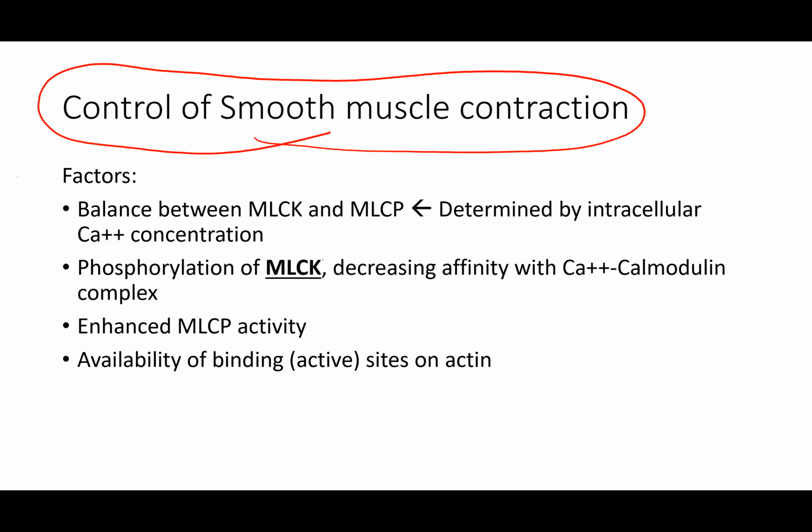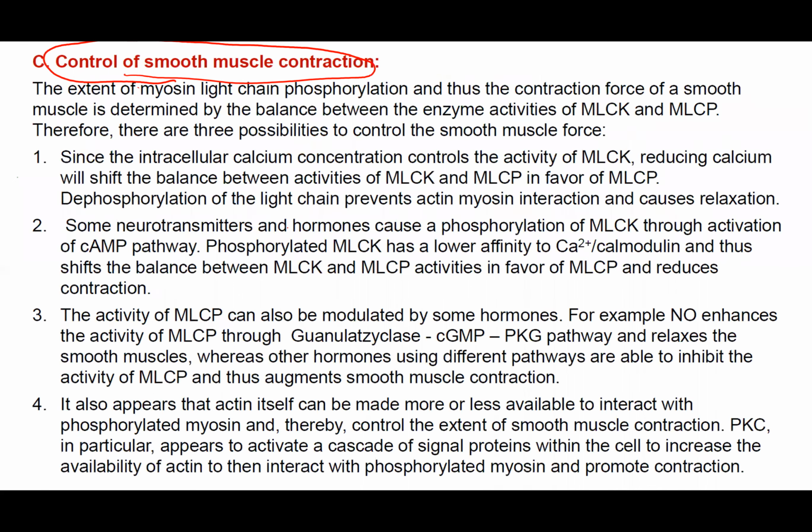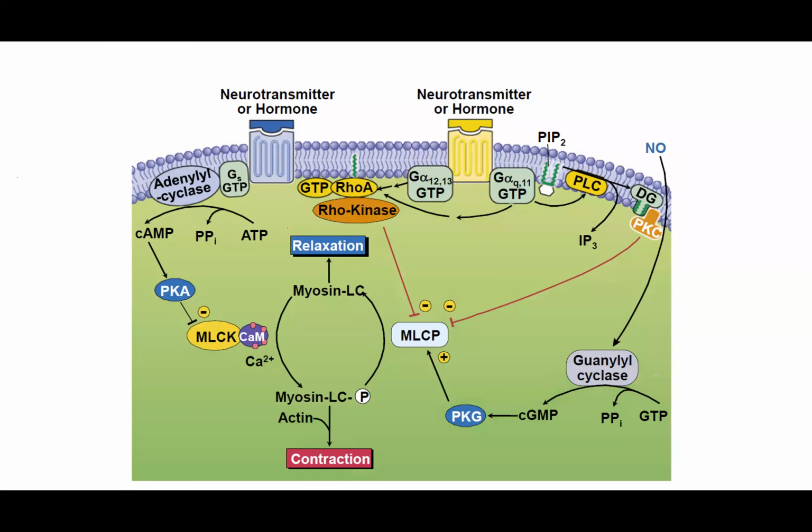The second way it's controlled is through phosphorylation of the enzyme itself. This enzyme phosphorylates the myosin head, but it can also be phosphorylated. Let me pull out the diagram. You see this enzyme, MLCK. A neurotransmitter or a hormone binds to the receptor, which causes cyclic AMP to rise through the G protein and adenyl cyclase.